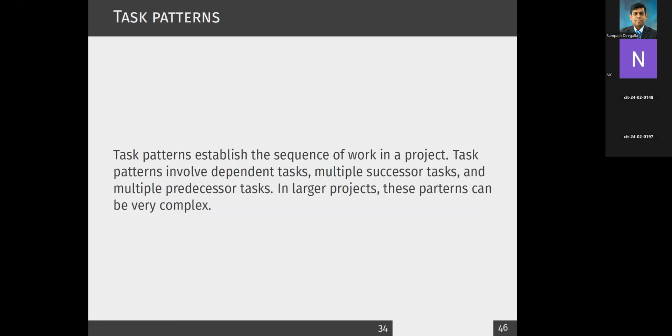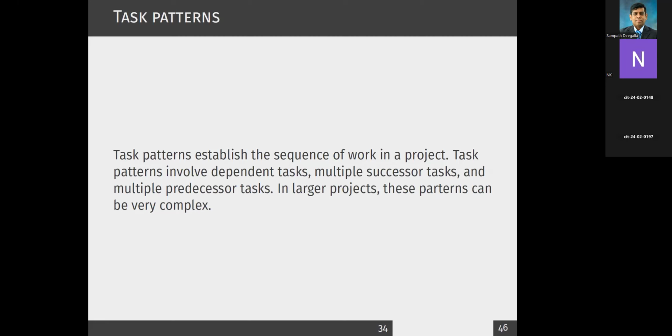The next one we are going to see is task patterns. What do you mean by task pattern is, any task has something called a dependent task. What you mean by that is if you have something like task 1, task 2, task 3, ideally you start with some task and then after that you start another task. So there should be some dependent task.